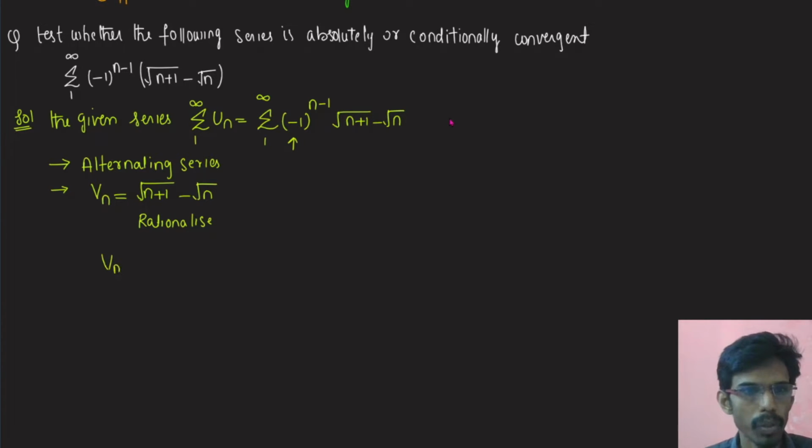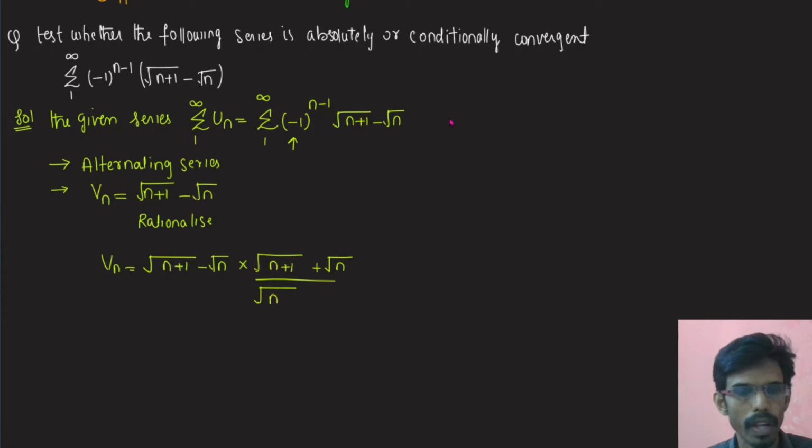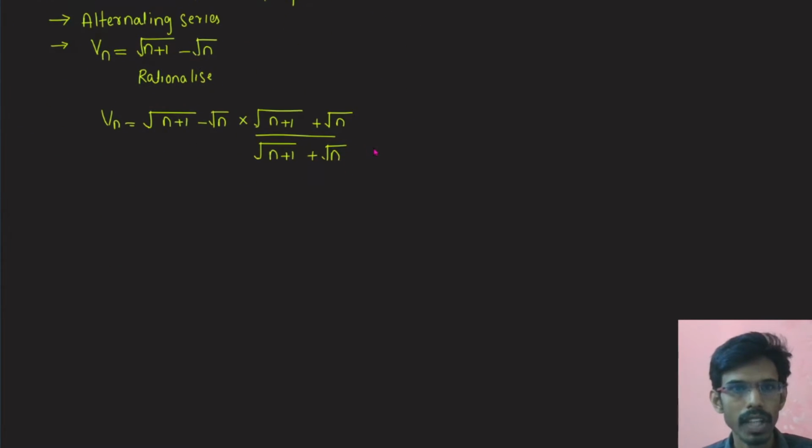Then we have Vn is equal to root n plus 1 minus root n into root n plus 1 plus root n upon root n plus 1 plus root n. So this is the rationalizing factor.